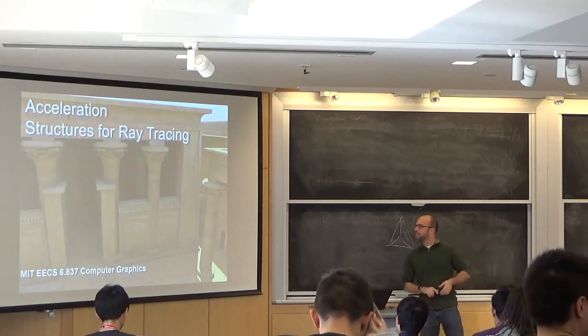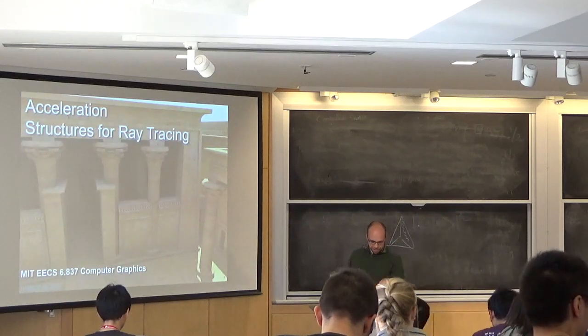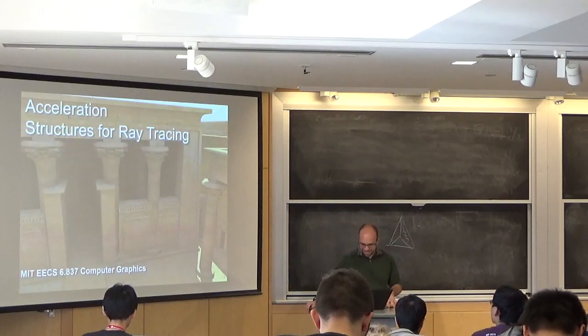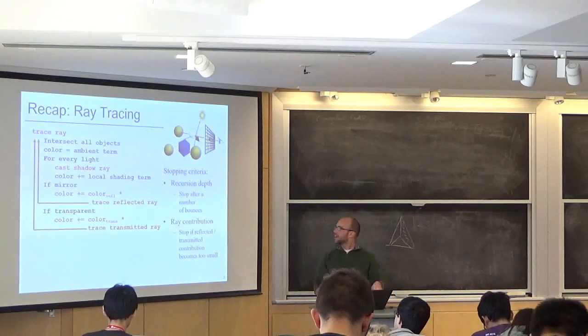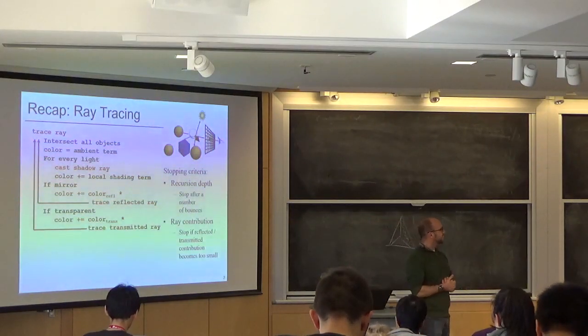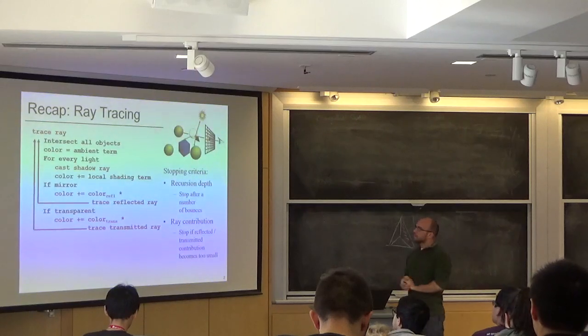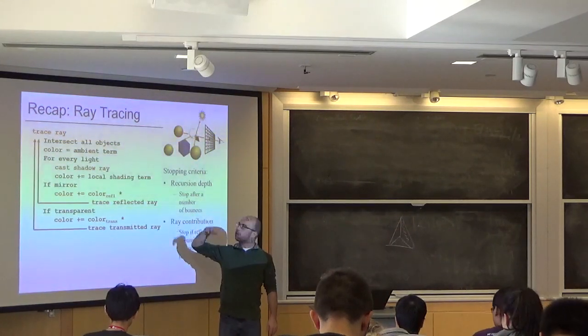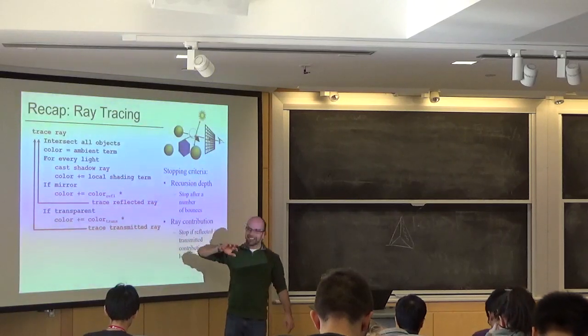Cool. All right, so today we're going to talk about acceleration structures for ray tracing, kind of picking up where Ed left off in our last lectures. As a quick recap, our ray tracing algorithm looks something like the schematic on the screen. We have this trace ray function, which is the center of our whole ray tracer, unsurprisingly given its name.